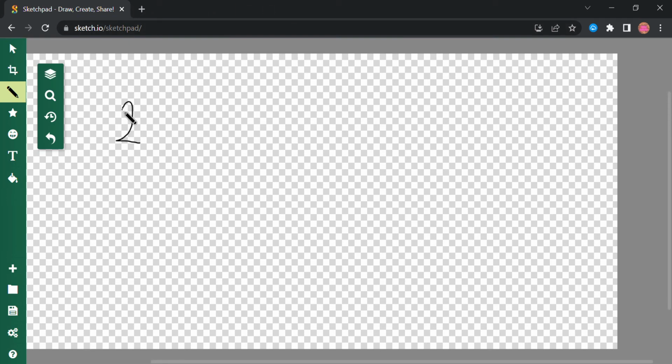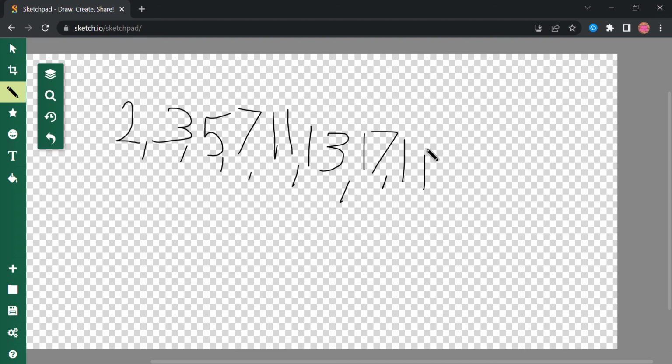So 2 is prime. I'm going to give you prime numbers. 3 is prime. 5 is also prime. 7 is prime. 11 is prime. 13 is prime. 17 is prime. 19 is prime. 23 is prime. 29, I think, is prime. I could be wrong on that. 31 is prime.